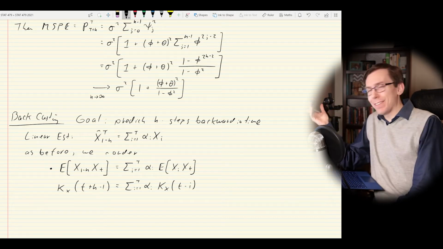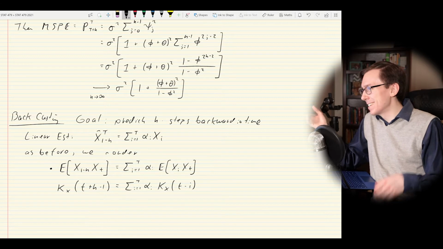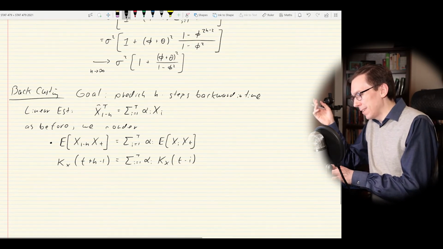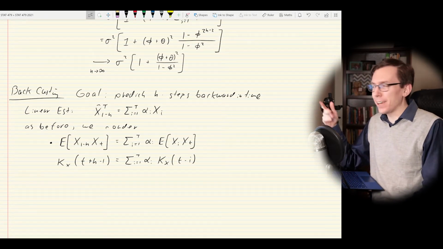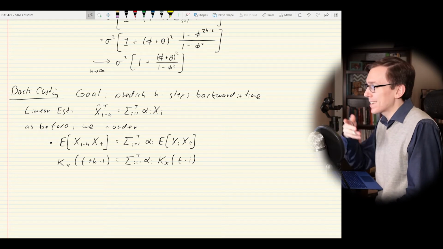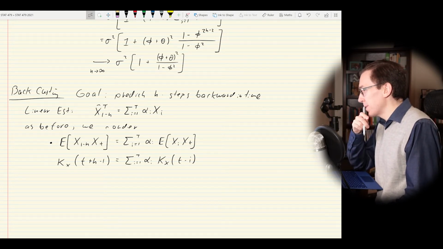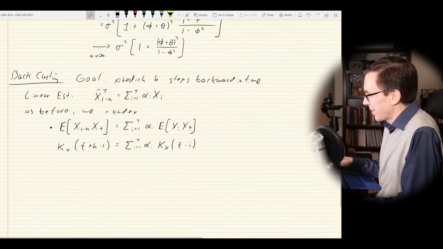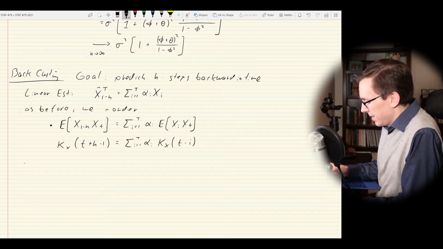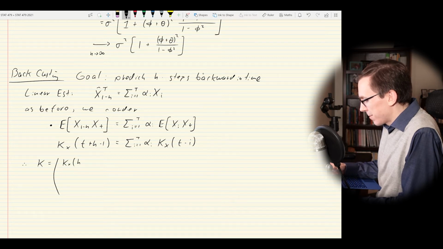Cool. So we have a linear combination of autocovariances, just like we did back when we looked at forecasting for the AR process and forecasting in general. So what do we do? Well, we write out a system of equations. Therefore, we can get K, the big vector of autocovariances, which is going to run from h all the way down to capital T plus h minus 1.